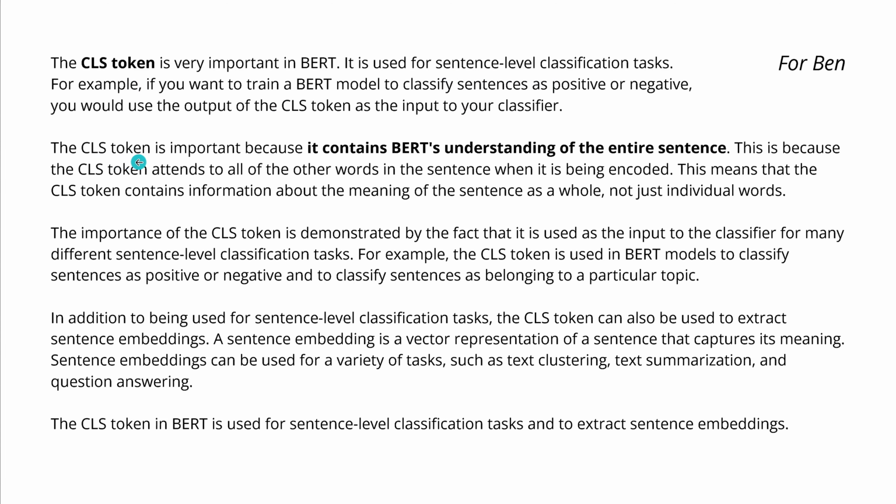And this CLS token is important because we know for years that it contains BERT's understanding of the entire sentence. Given the self-attention mechanism that calculates how much attention is paid to each word or each token in a sequence, the CLS token encodes really important information.